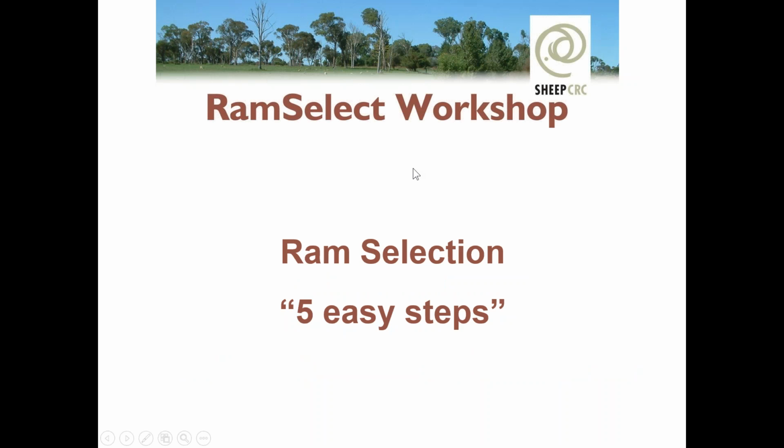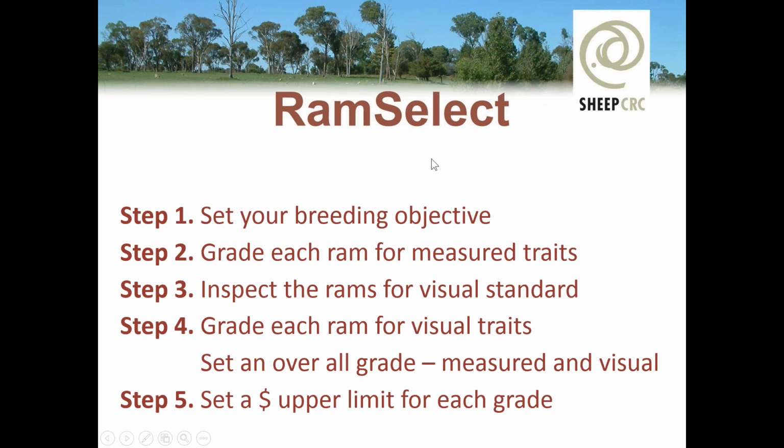The selection process I'm going to work through has 5 steps in it. Those steps are to do with setting your breeding objective, grading rams on measured performance, and then that's done prior to your sale.